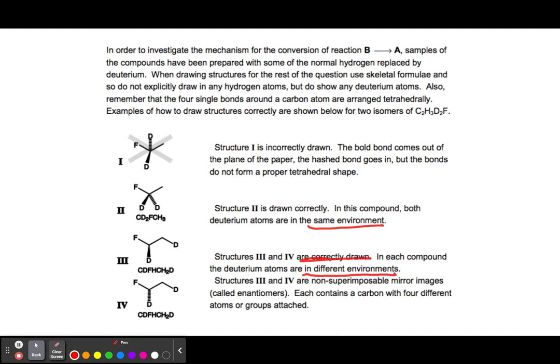And so they also introduced this idea of an enantiomer. Now, an enantiomer is where there is a chiral center, which gives rise to two non-superimposable mirror images. So if you think about your hand, your right hand is a mirror image of your left hand, but if you put one on top of the other, they don't align. Your thumbs are the wrong way around, if you like.